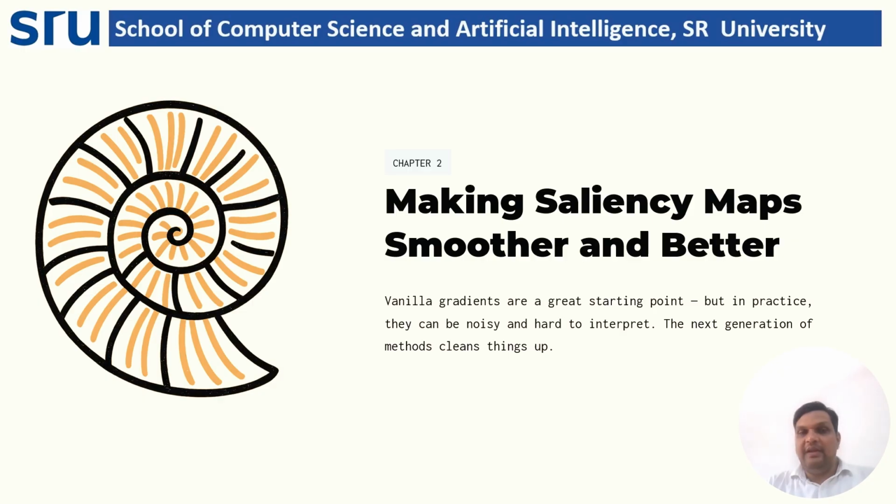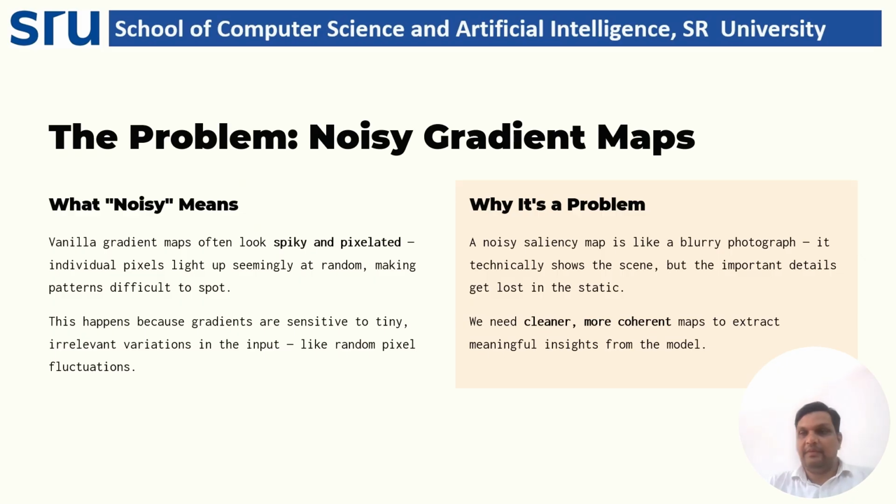But there is just a problem with noise. The maps can be noisy, random pixels light up, making interpretation difficult. The problem: noisy gradient map. What does noisy mean? Vanilla gradient maps often look spiky and pixelated.